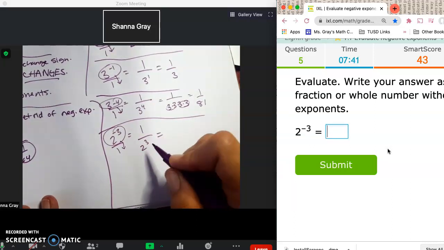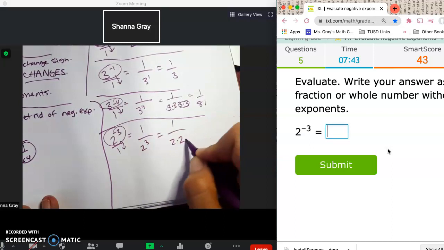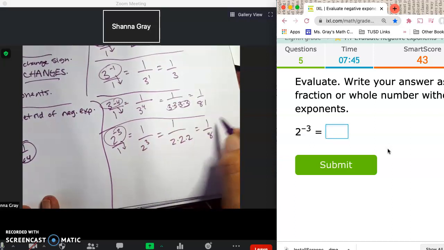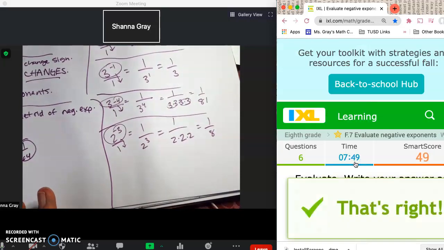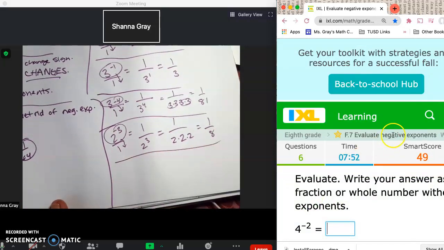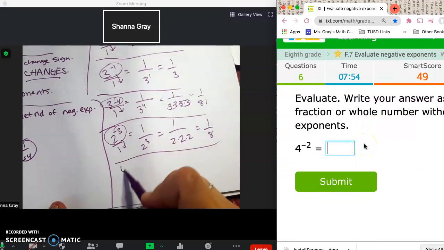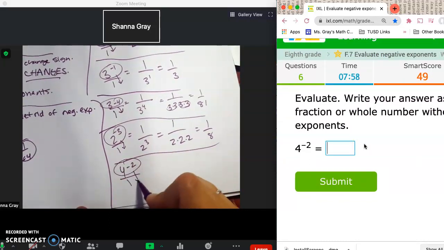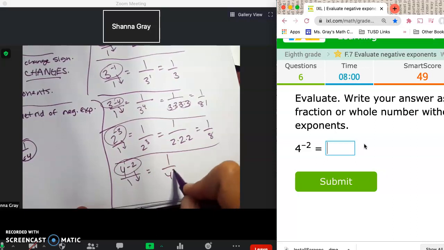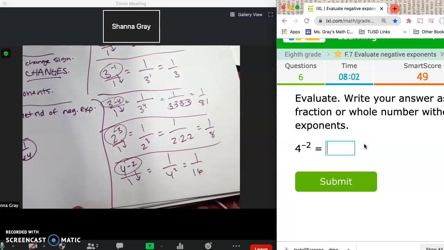And then 2 times 2 times 2 is 8. 1 over 8. Next problem, 4 to the negative 2 power. If this is over 1, I'm going to move it down. 1 over 4 squared, which is 1 over 16.